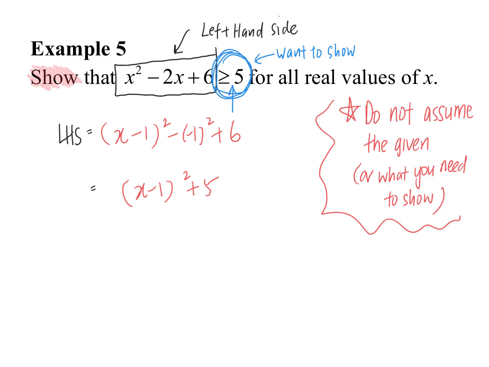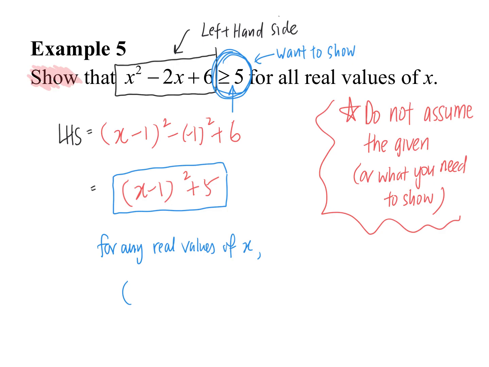So cannot do that. Just take the left hand side of the expression, go and complete the square, and then you get an expression like this, which you like because you have a bracket square. So for any real values of x, you know that this bracket square thing will always be greater or equals to 0.